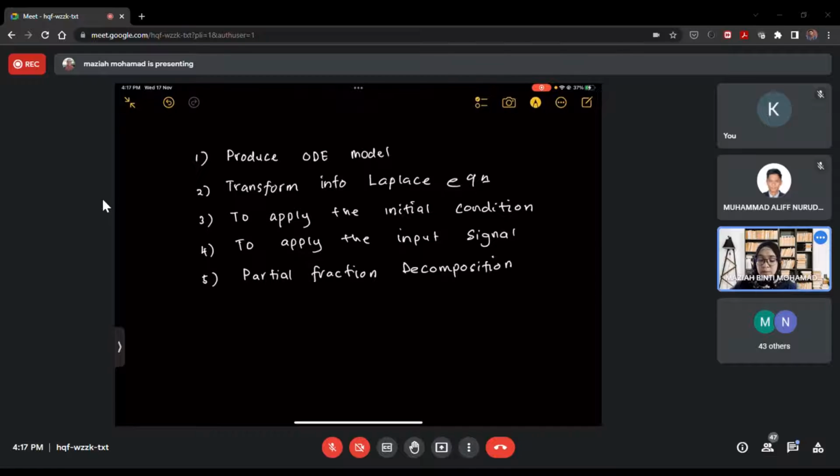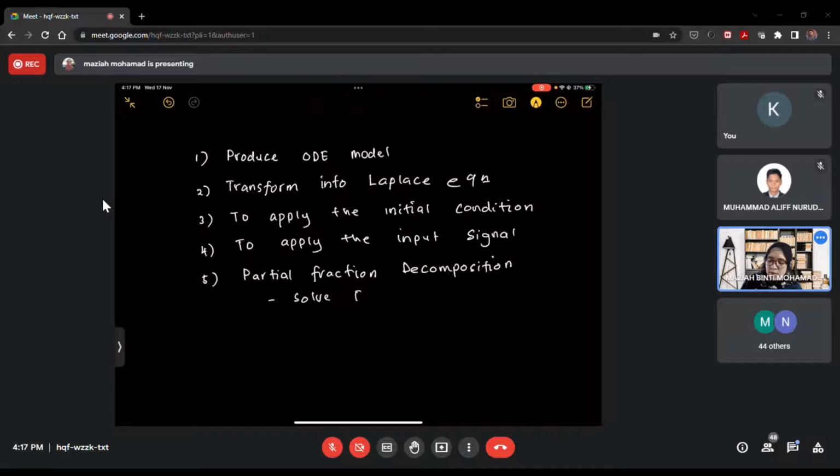We're going to separate the Laplace equation into partial fractions.